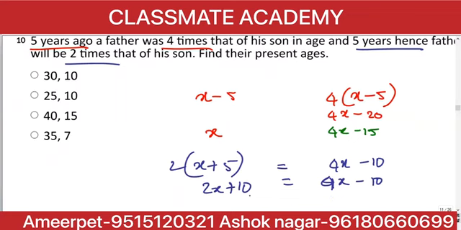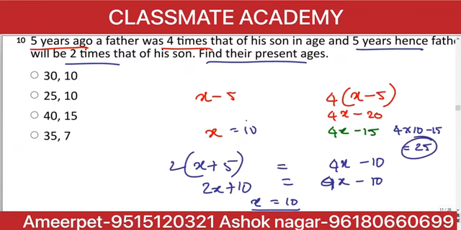So x equals how much? x equals 10. Now what is it asking? Find the present ages of both son as well as father. So x equals 10, and 4x minus 15 means 4 into 10 minus 15. How much? 25. So the ages are 10 and 25. So option B is the answer.